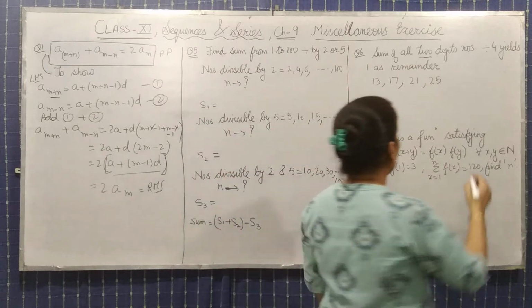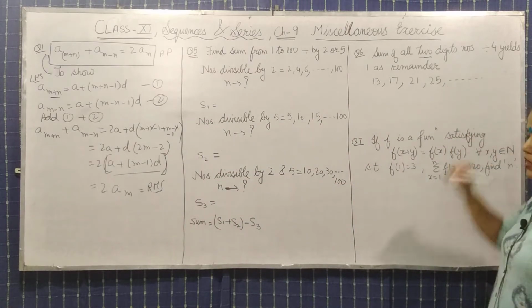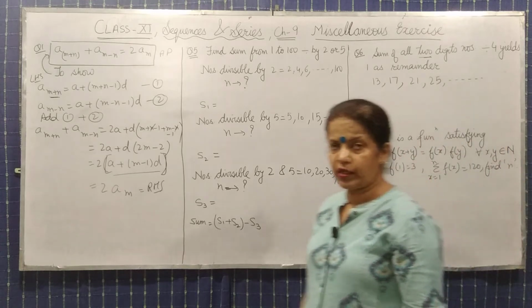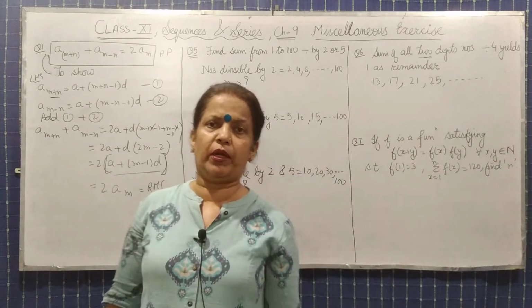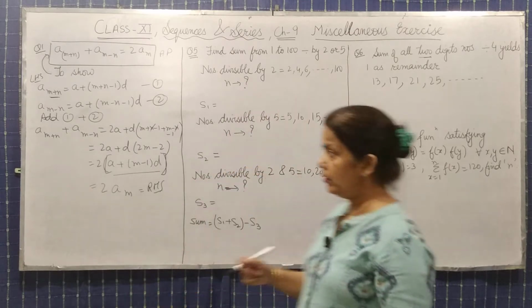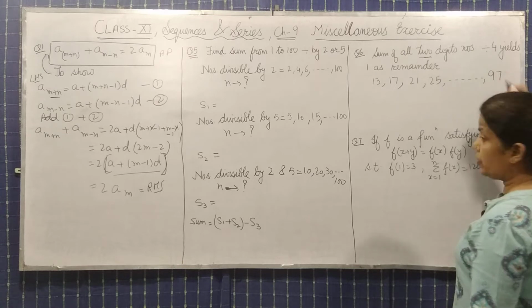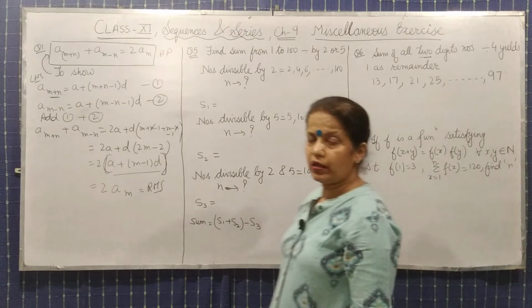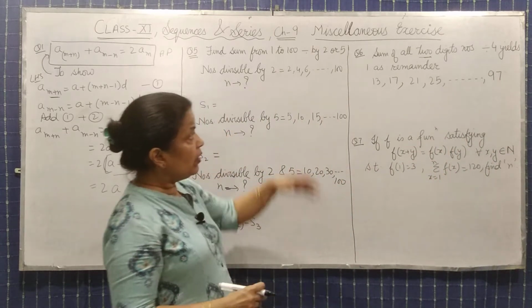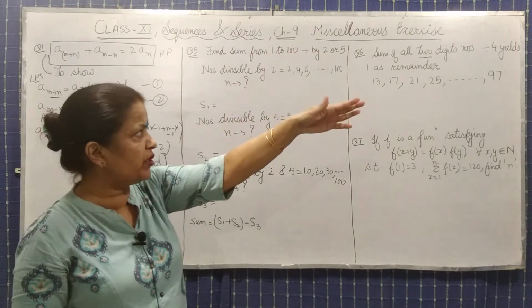So, can you tell me what should be the 2 digit last number? क्या होना चाहिए कि वो 4 से डिवाइड हो, then remainder comes as 1. So let's see. The number will be 97, isn't it? Number will be 97. Now you have to find the sum of all 2 digit numbers.